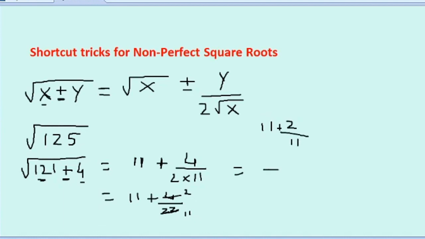Now if you simplify further, 11 into 11 is 121, plus 2 is 123 by 11. If you check, 123 by 11 is 11.18. So the answer is approximately 11.18.